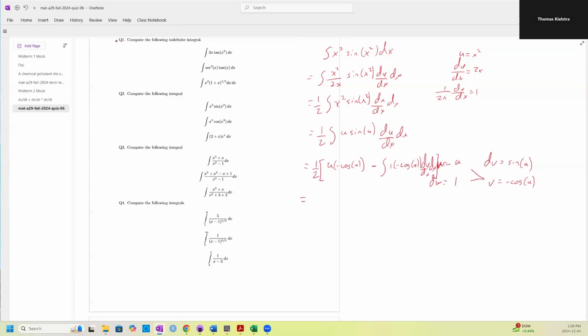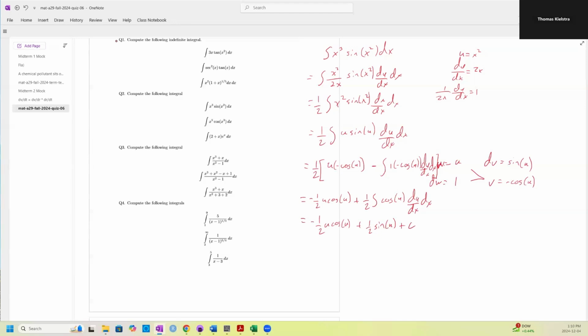which equals minus 1/2 u cos u plus 1/2 the integral of cos u du by dx. Now integrating this, I get minus 1/2 u cos u plus 1/2 sine u plus c.